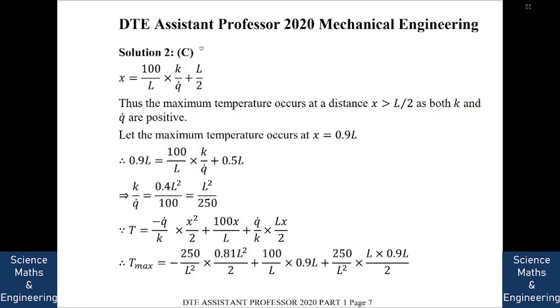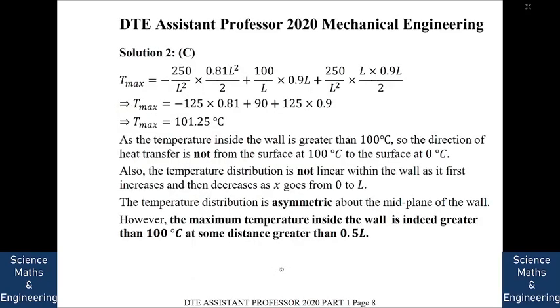So, let us take that the maximum temperature occurs at maybe 0.9 L. We just want to see whether T max becomes more than 100 degree or not. So, if we put x equal to 0.9 L, from here we get T max is equal to this equation, and when we simplify it, we see that T max becomes 101.25 degrees centigrade.